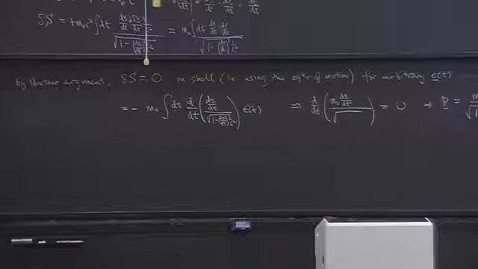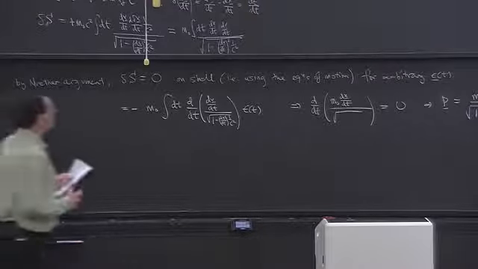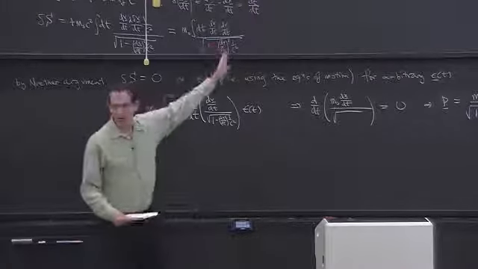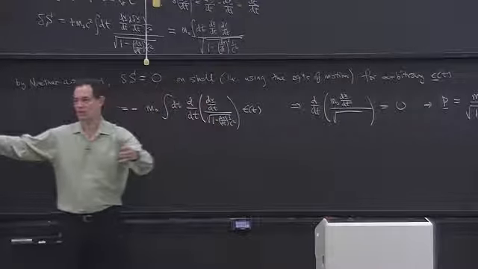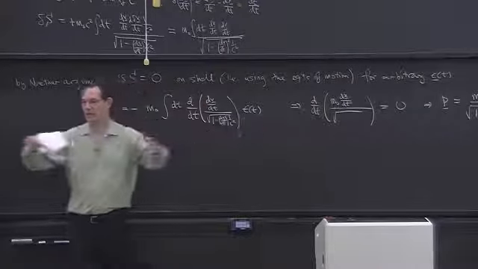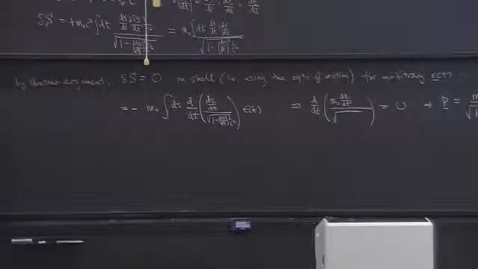Okay? Now, it's a little bit trivial. For a free particle, dx/dt is a constant anyway. It's going in a straight line. Okay, so everything's constant. But the point of this derivation is that when I couple this particle to other things, such that the whole combination is translation invariant, okay? And then I try to derive the total momentum of everything, this will be the contribution of the particle.